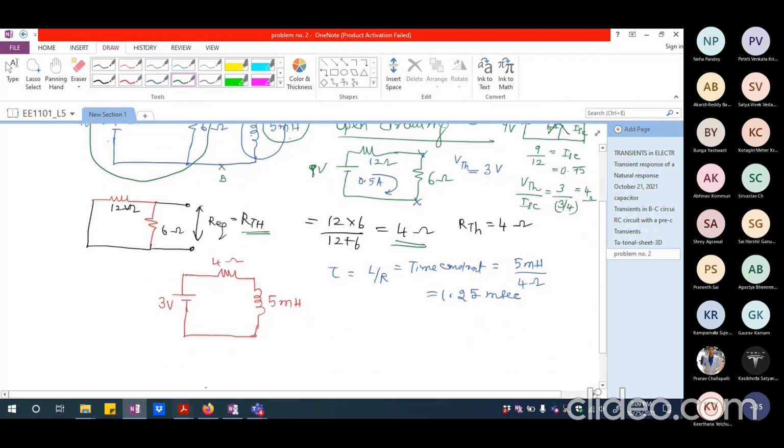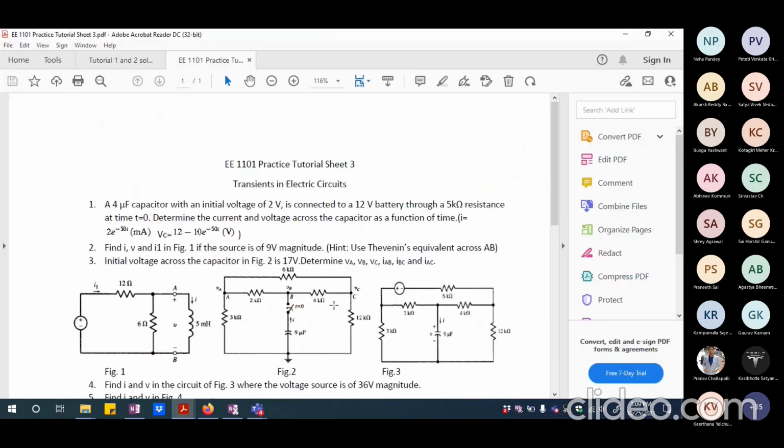Now what are they asking us to solve? They are asking us to find I, the current through the inductance, V, the voltage across the inductance, and I1, the current through the 12 ohm resistance. So let us try to look at this.